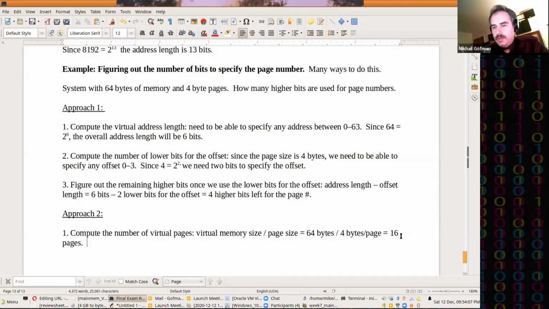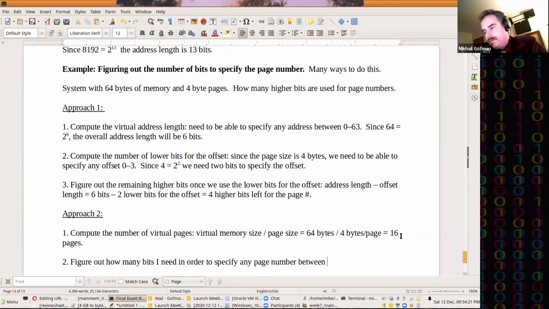Now, figure out how many bits I need in order to specify any page number between 0 and 15, right? So since 16 is equal to 2 to the power of 6, right?